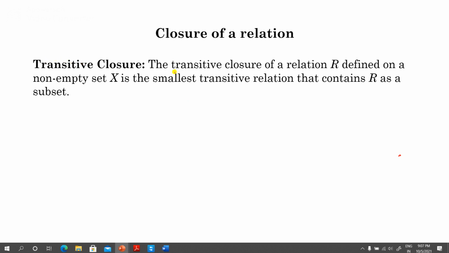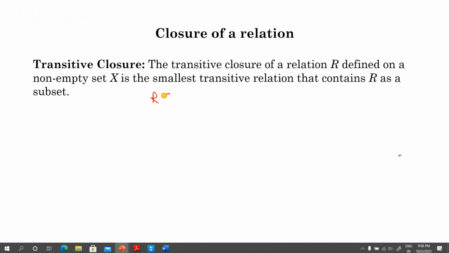Now transitive closure. Transitive closure of a relation is defined as, again, the smallest transitive relation that contains R as a subset. So R is the relation.